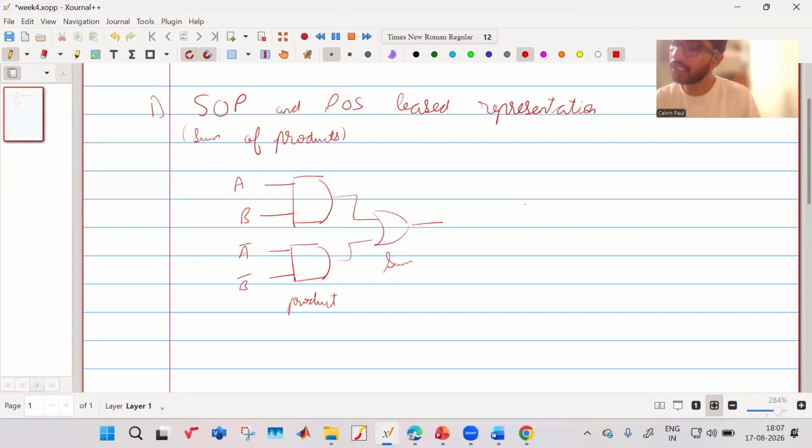What sir has shown is you could put a NOT on this as well as on this. Will it change your output? You NOT it over here and then you again NOT it over here, so you'll get back the original signal.